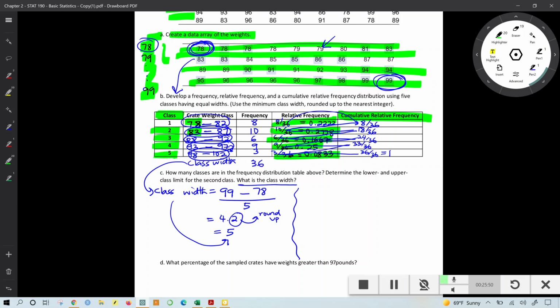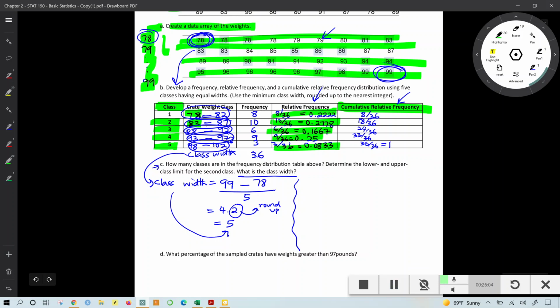So this is done. On our screen, we can see the relative frequencies and the cumulative relative frequencies done. The next thing to do is question C.